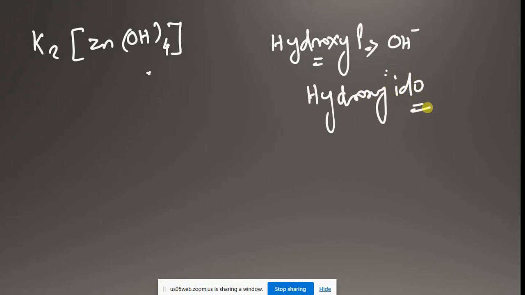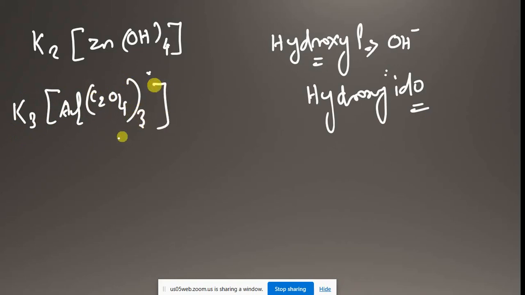So the name of this ligand is hydroxido. Okay. Now, next. Thrice. I think this you know. What is the name of this ligand? Oxalate is a negative ion, a negative ligand, so we have to write oxalato.